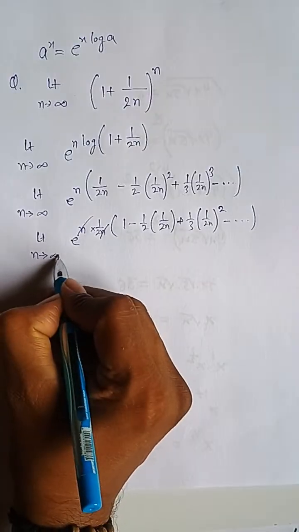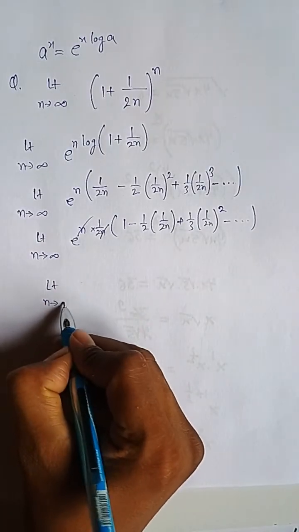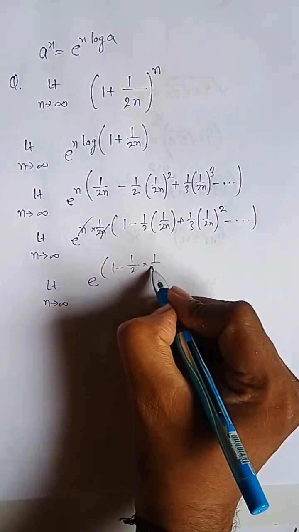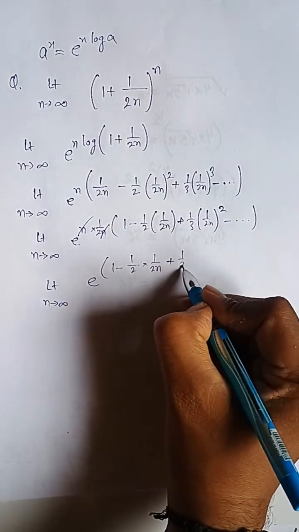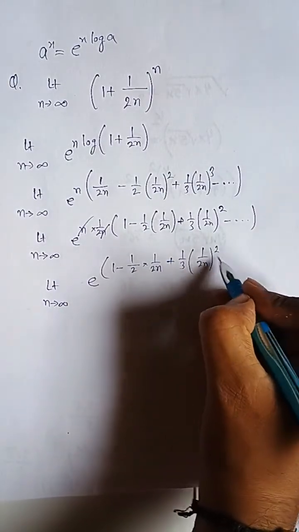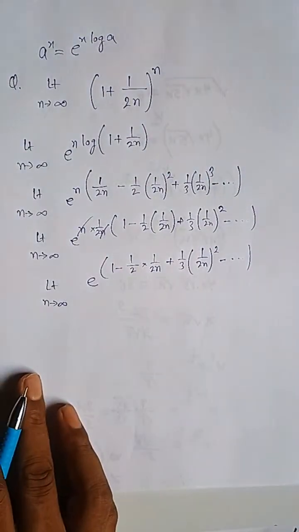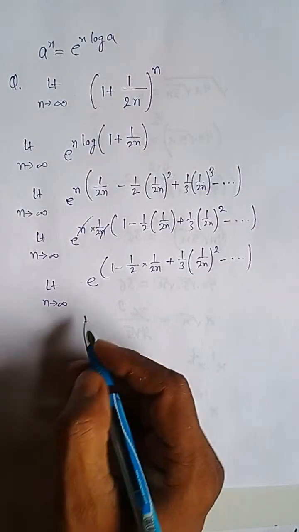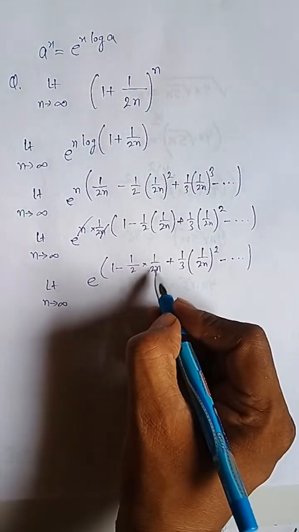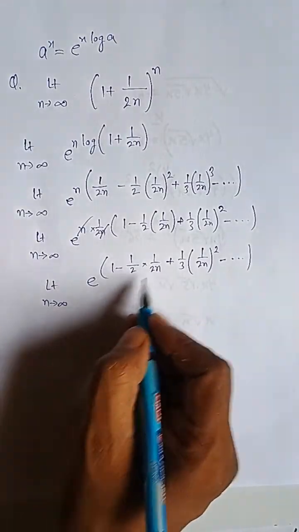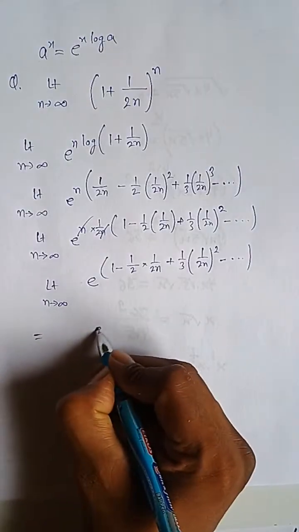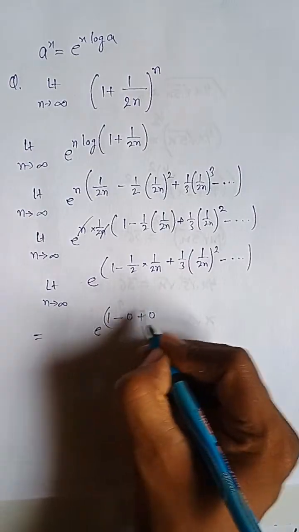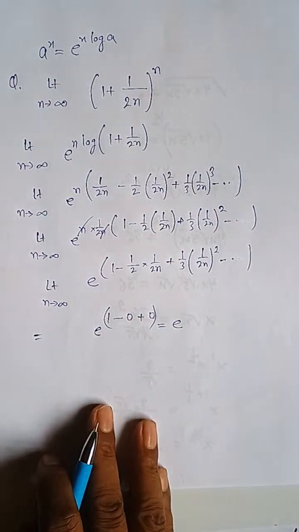Limit n tends to infinity of e to the power 1 minus 1 by 2 into 1 by 2n plus 1 by 3, 1 by 2n square, and so on. Now after putting infinity, you will see that the term 1 by 2n goes to 0, and this is 0. So this is e to the power 1 minus 0 plus 0 and so on. So e is the solution of this problem.